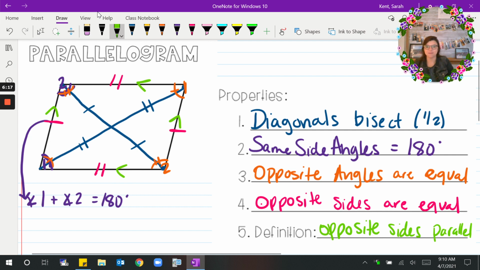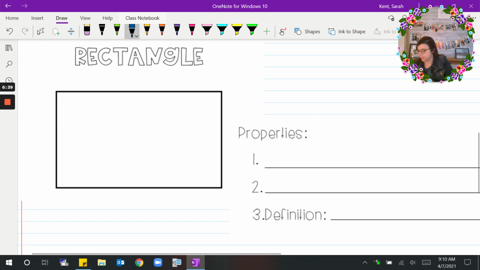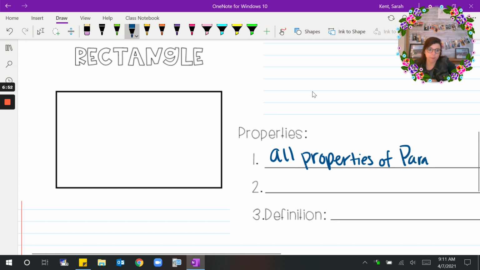All right, and then rectangles. The first thing you need to know about rectangles is all of these things that we just said are also true for a rectangle. We are not going to write them again. What we will start with on our rectangle, our first property that we'll write, is all properties of a parallelogram.